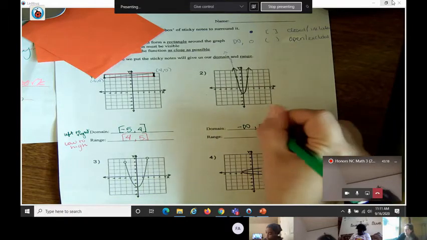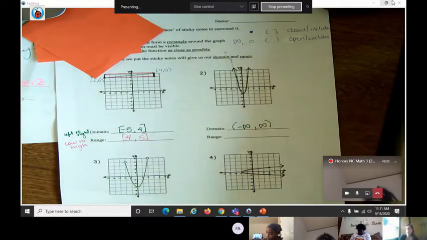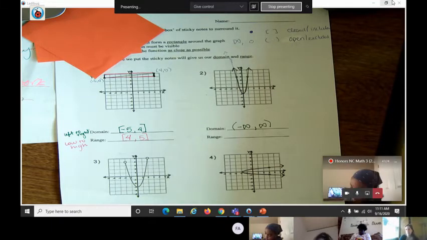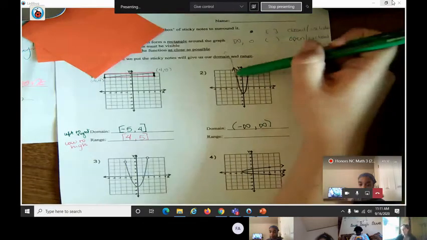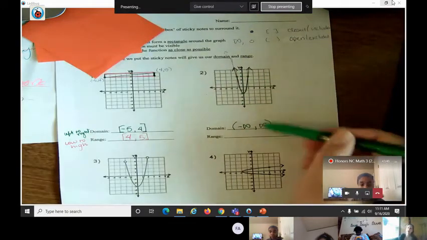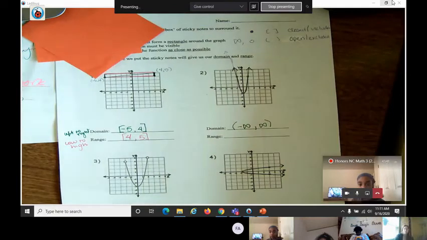And remember that you always use round brackets when you have the infinity. Questions about that domain? Okay, so arrows indicate we can go all the way to the left, all the way to the right. And so our domain has to be from negative infinity to positive infinity.